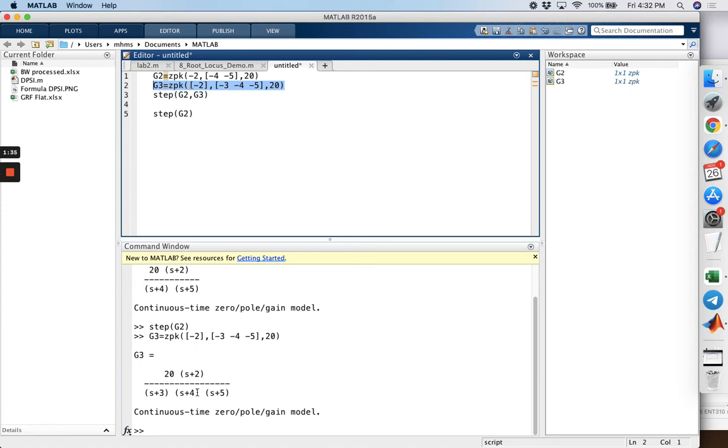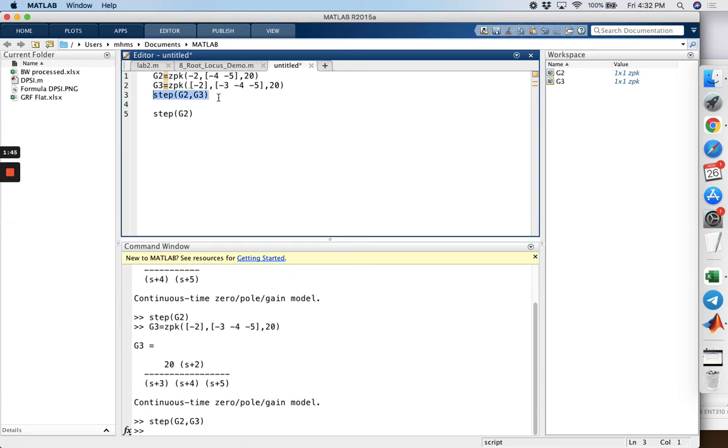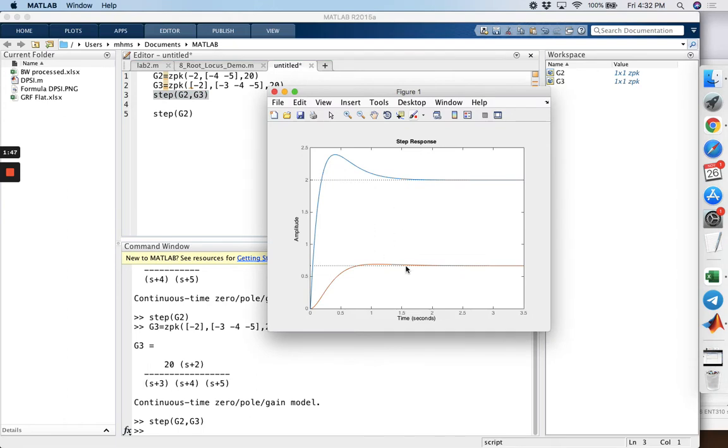If you want to compare G2 and G3, let's say we compare like this. You see the blue one is the second order system. The red one is the third order system with the additional pole at -3.